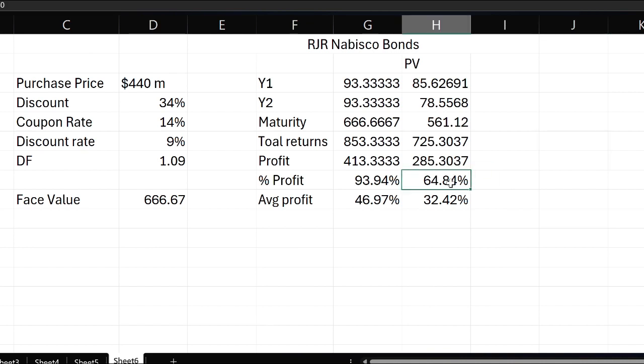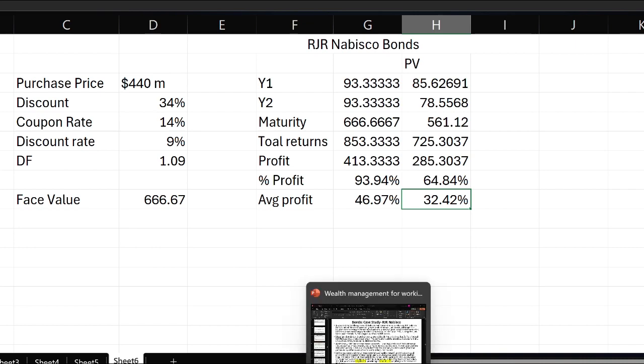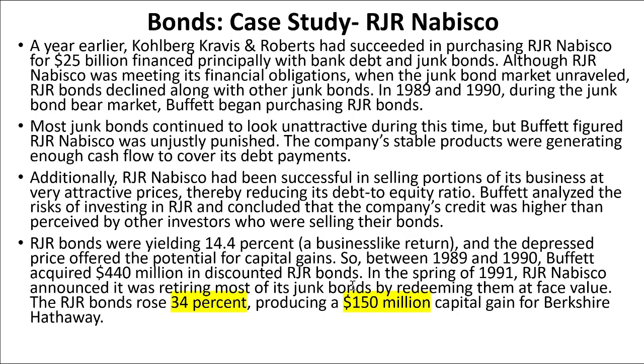So finally the profit percentage is 64.34 percent, and the average, assuming it is for 2 years, is 32.42. This is the profit which Warren Buffett derived, though it is hypothetical because we didn't get the entire information, but yes, he made a profit of 150 million only in capital gain.